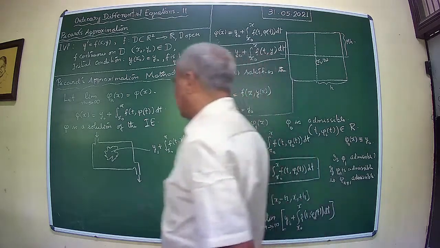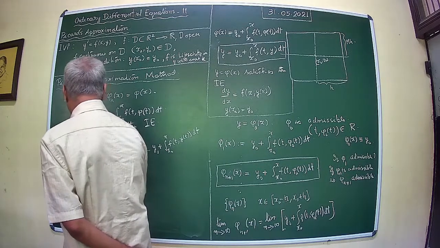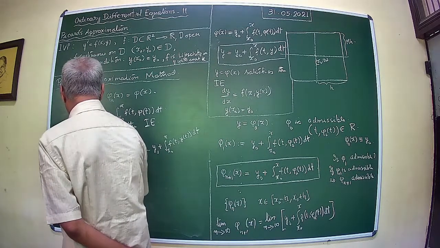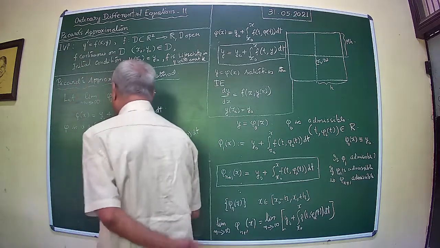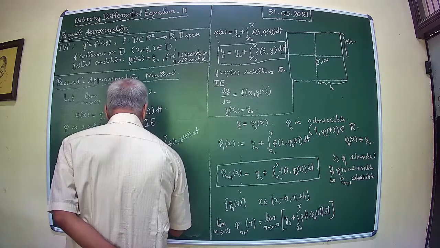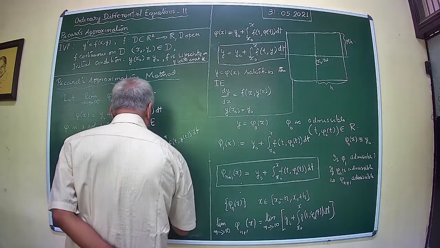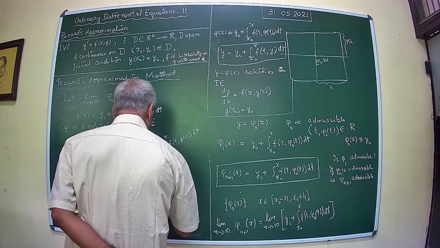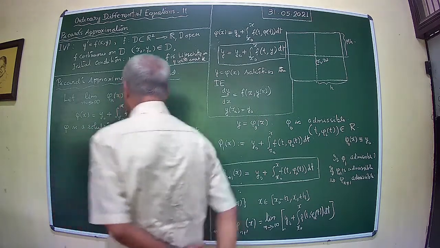So when you put the raw material here, say something like phi x, what comes out is y naught plus integral x naught to x f dt.